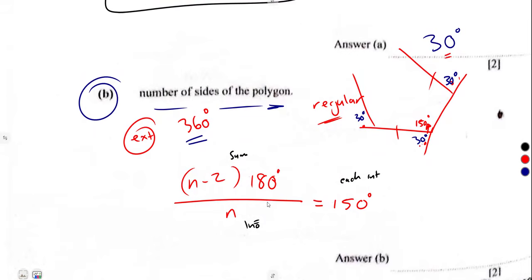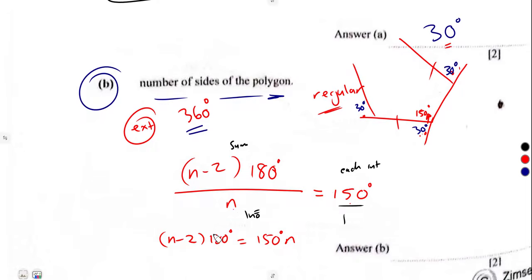So let's simply cross multiply. That's another way. So n minus 2 times 180. Let me just ignore these degrees. n times 150, that is 150 times n. We can simply reduce this by dividing by 10, and that's going to be 15.